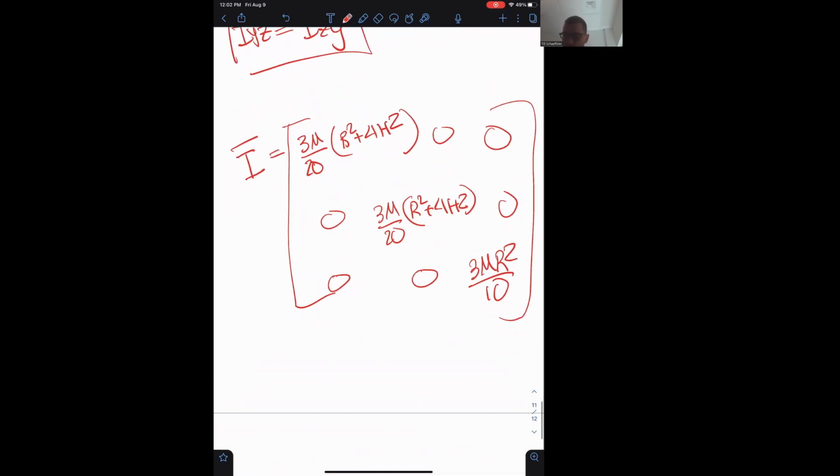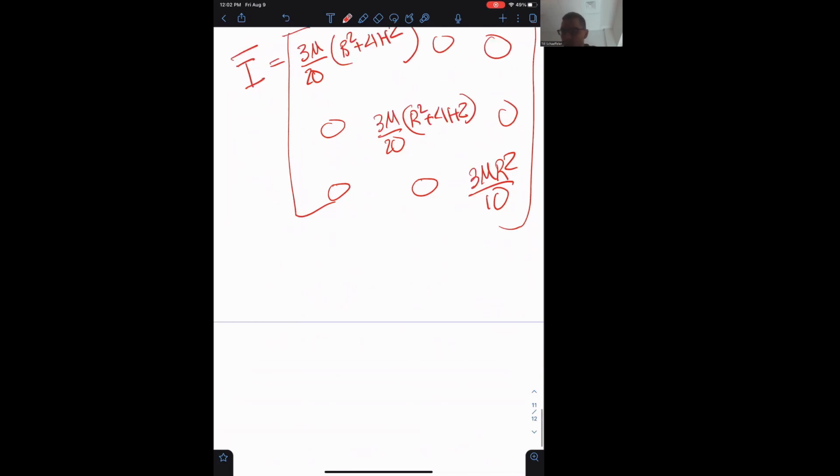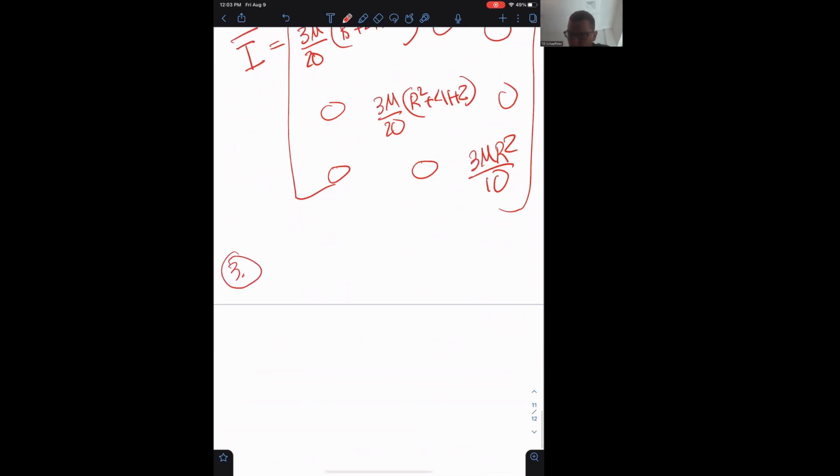So the first thing we have to do is find the center of mass. So this is part 3 of the problem. We're going to have a vector from our original coordinate system, which was at the tip, 0, 0, 0. I'm going to call it, not capital R, that's already taken, I'm just going to call it little r subscript cm.